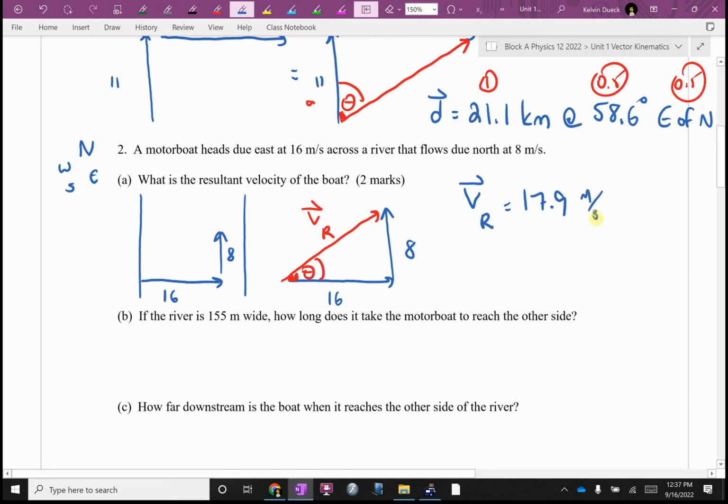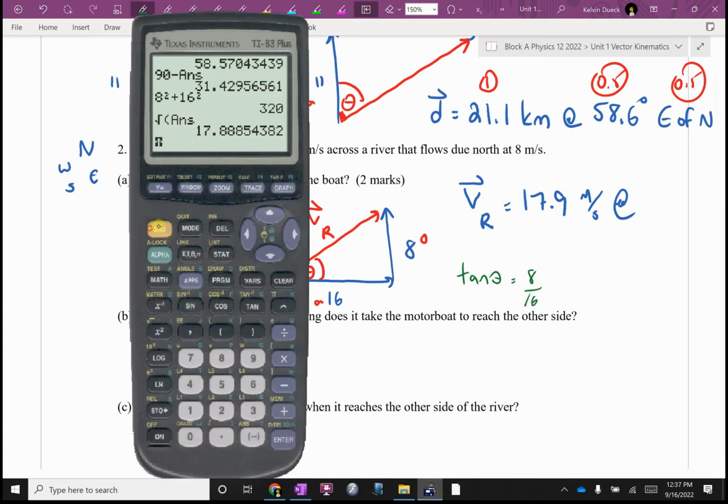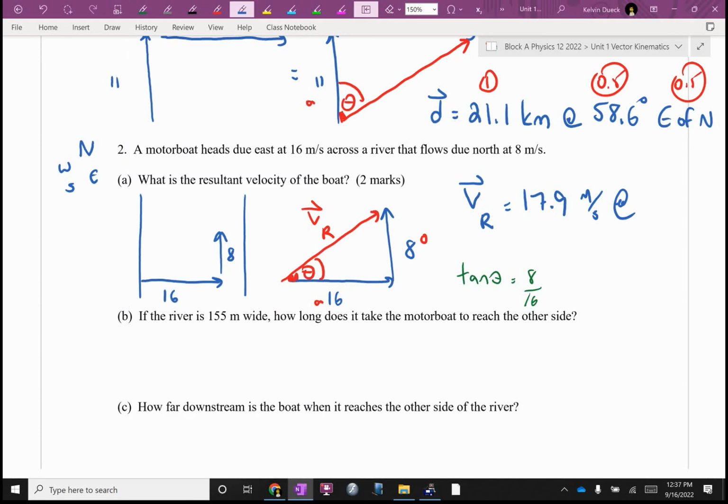Meters per second at, I think again it's going to be tangent. It's going to be tan theta equals 8 over 16. Is it 26.6 degrees? 26.6 degrees.